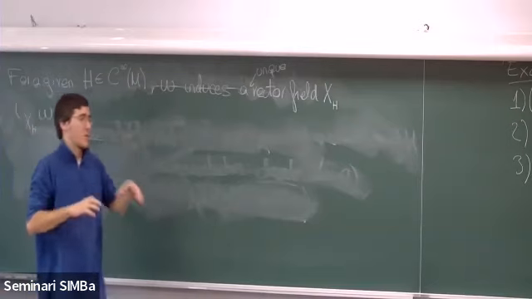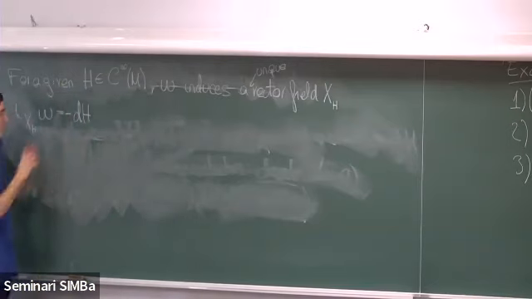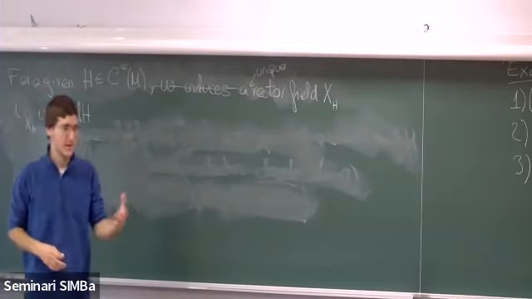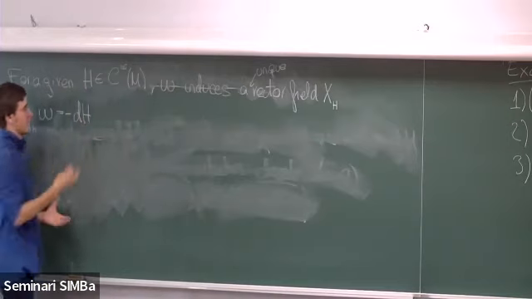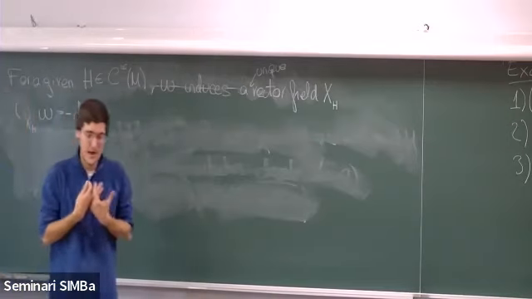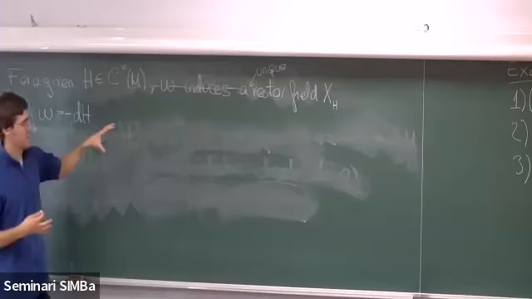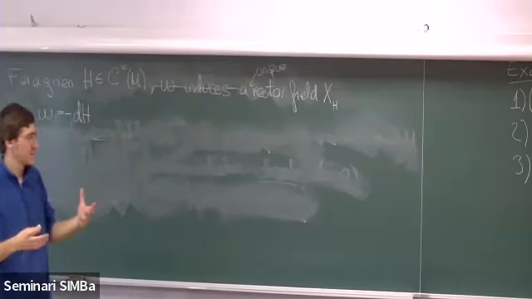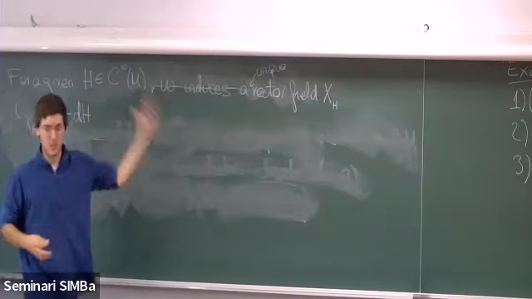Because it could be that we have an action, it has a vector field, but we cannot find any function that satisfies the equation with this vector field. But for our case, we will require that this function exists, and this function is called a moment map. So we need that for the action of our torus on the manifold, a moment map exists. If there's a moment map for this action, we call it symplectic toric.